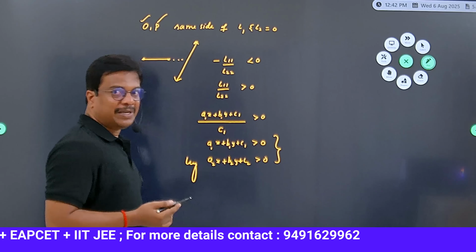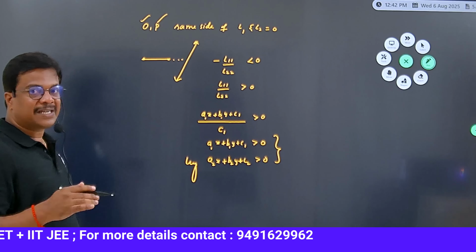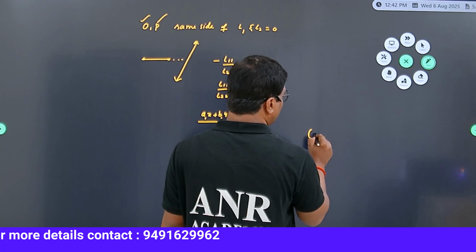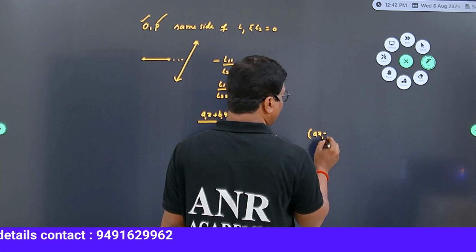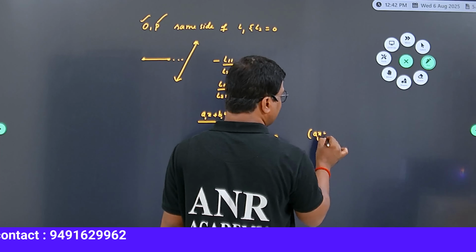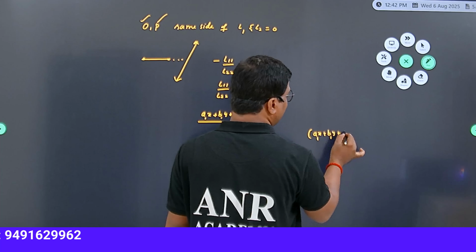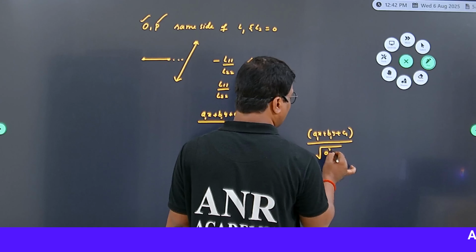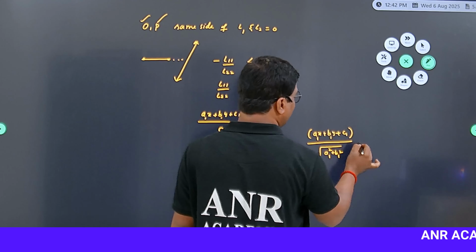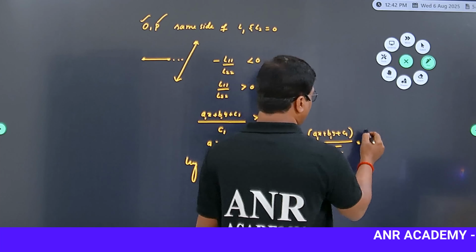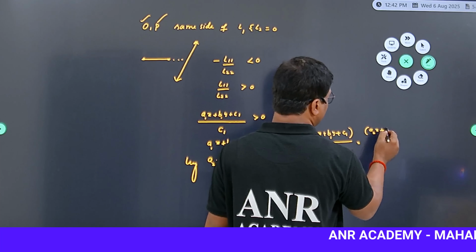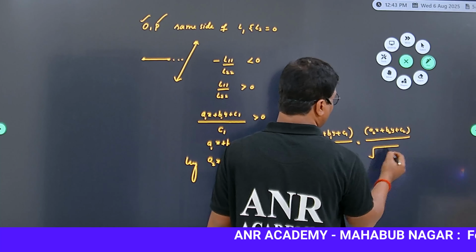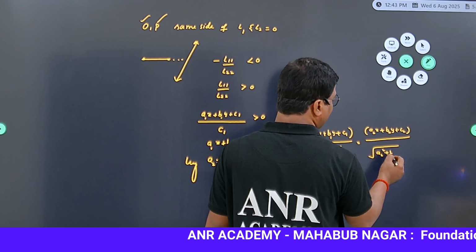The same result means that on both the left side and the right side of the formula you have to write a positive symbol. So the formula becomes A1x plus B1y plus C1 divided by root over A1 square plus B1 square equal to, both positive, A2x plus B2y plus C2 divided by root over A2 square plus B2 square.